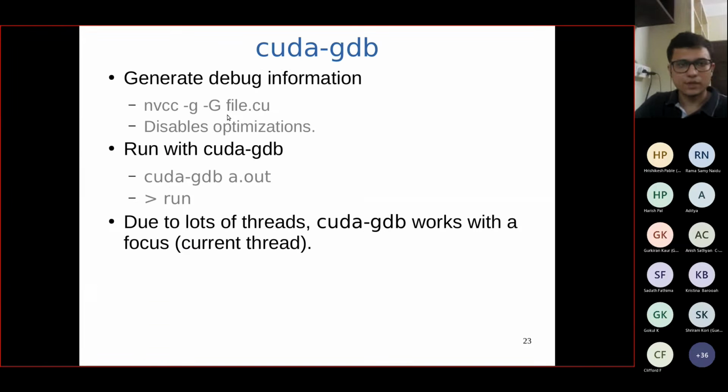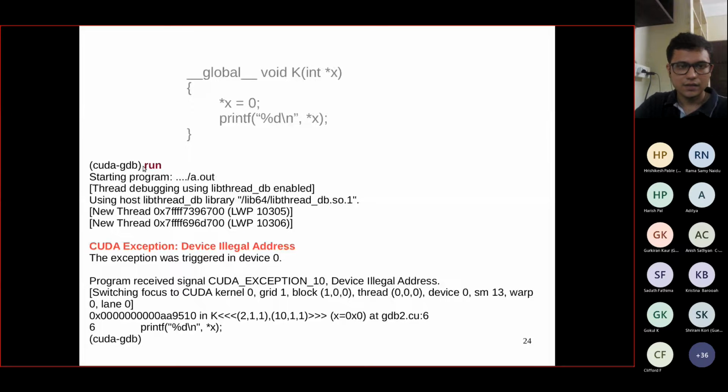Let us assume that we have compiled our program using these flags, and then we ran cuda-gdb by typing run here. cuda-gdb starts running this a.out binary file, and it is running the threads, and this LWP is a lightweight process, which is actually a thread.